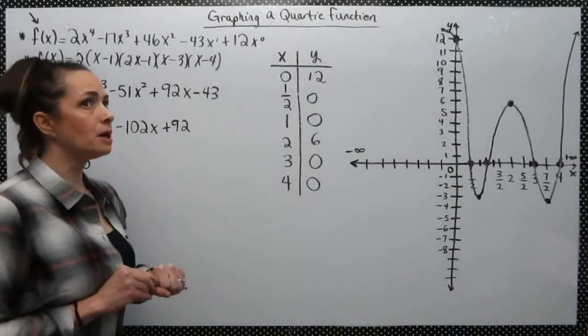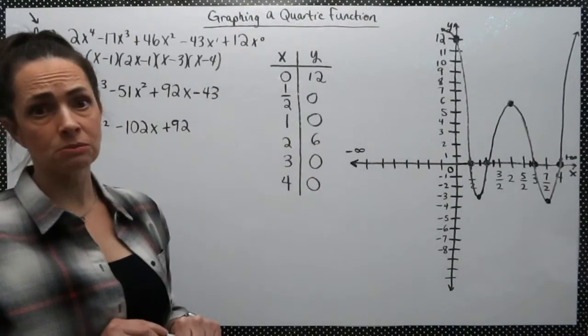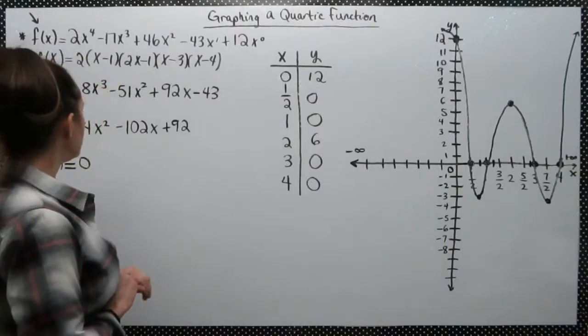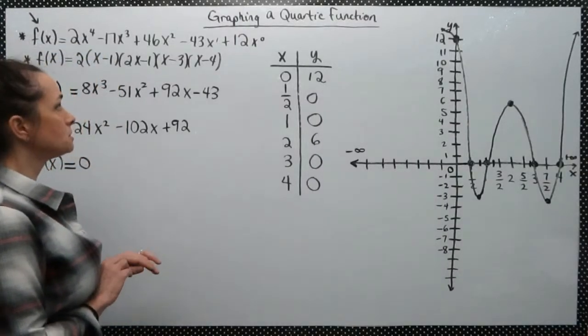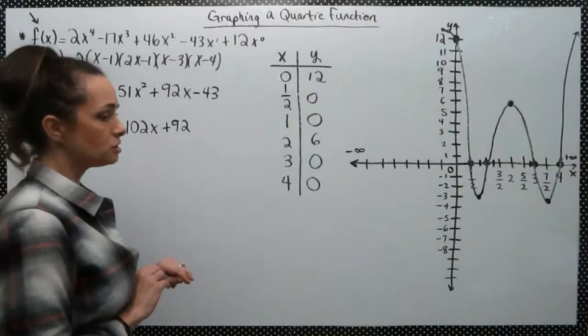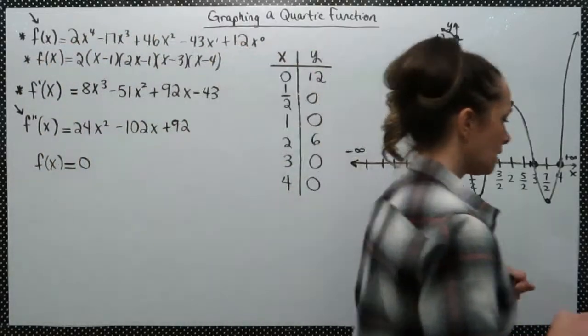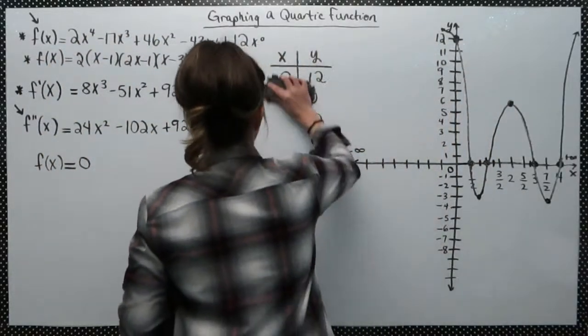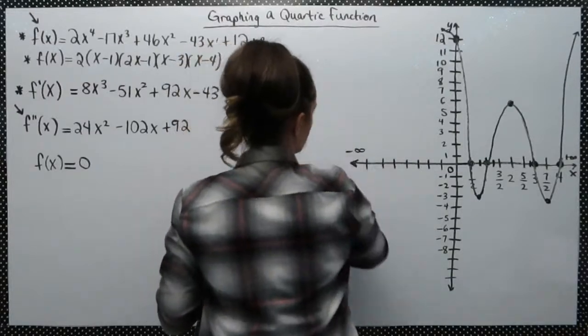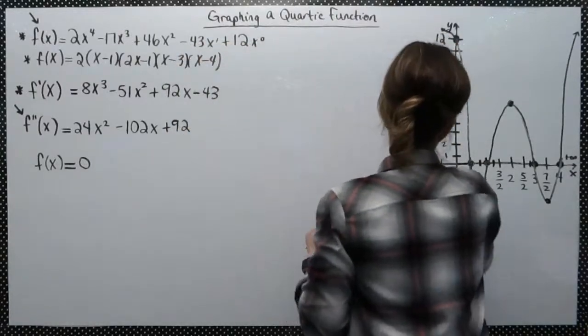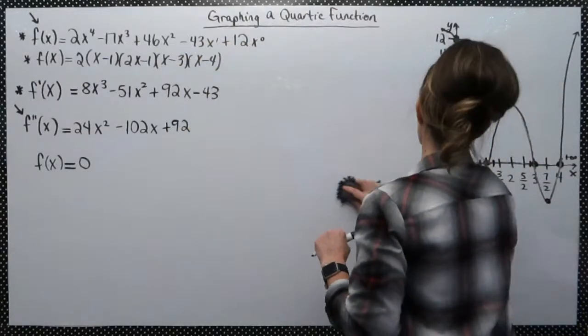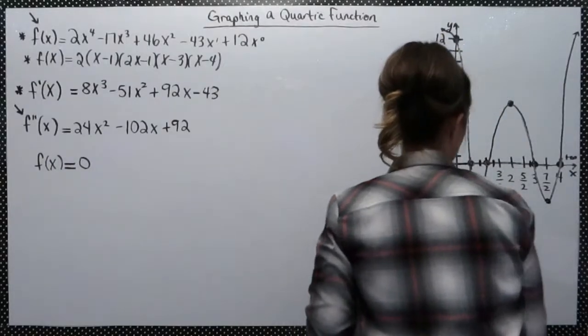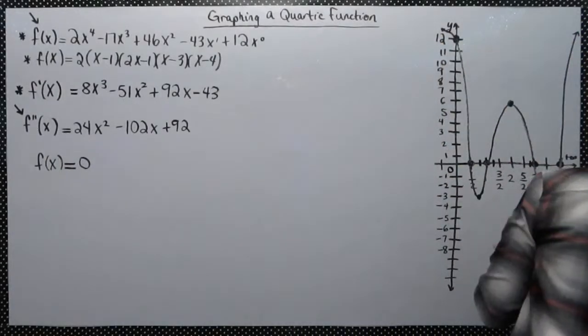So I might try to do that one again sometime, but I remembered Newton's method of approximation, and it was so much better. So let me go ahead and erase this graph. Just part of it, because I know that most of this graph exists in the first 2 quadrants here.